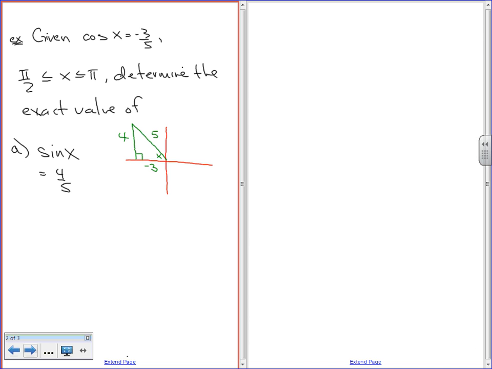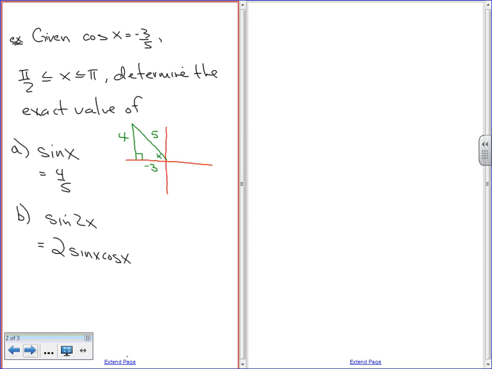So we can use this information now to figure out the sine of 2 times the angle. So I'm figuring out what the sine of 2 times the angle is without even knowing what the size of the angle is. Okay? Because I don't know what 2 times the angle is, but I know what the sine of the angle is, and I know what the cosine of the angle is. So what I would do is refer to my formula sheet, look at the double angle formula for sine, and say the sine of 2x is equal to 2 times the sine of x times the cosine of x.